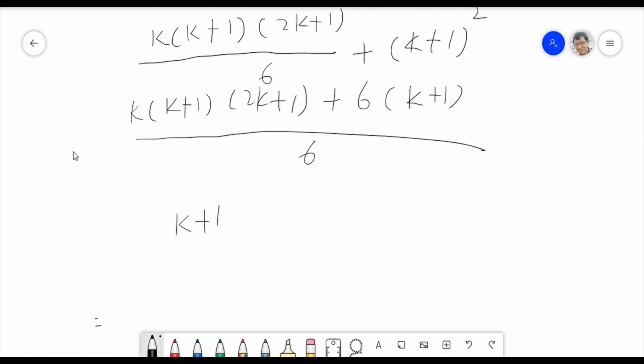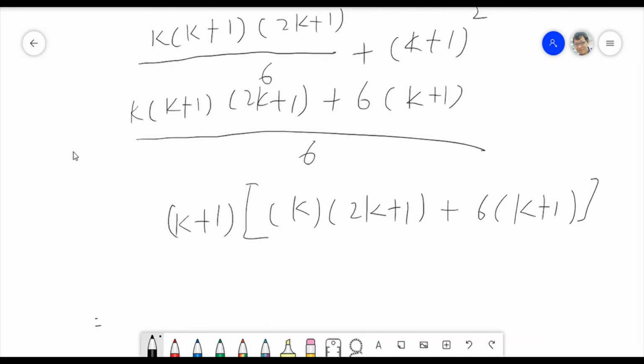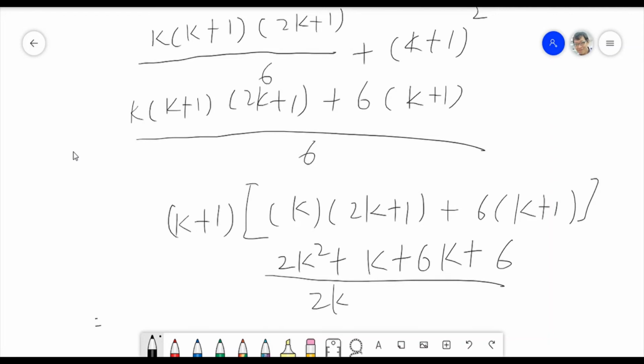So k plus 1, then k times 2k plus 1 plus 6 times k plus 1. Then let's simplify this: 2k squared plus k plus 6k plus 6. So this equals 2k squared plus 7k plus 6.